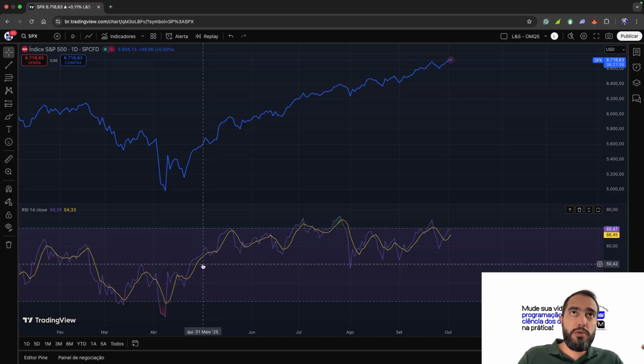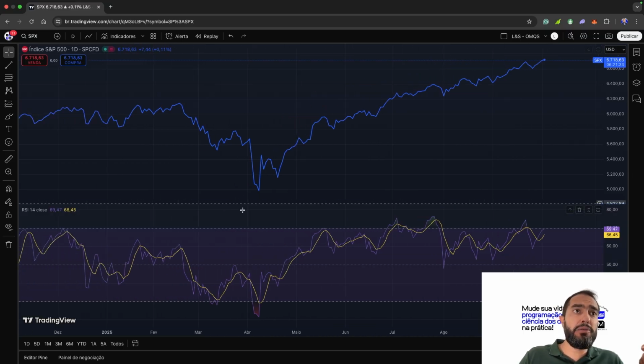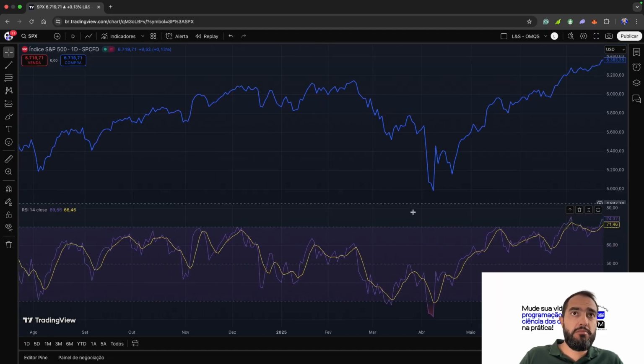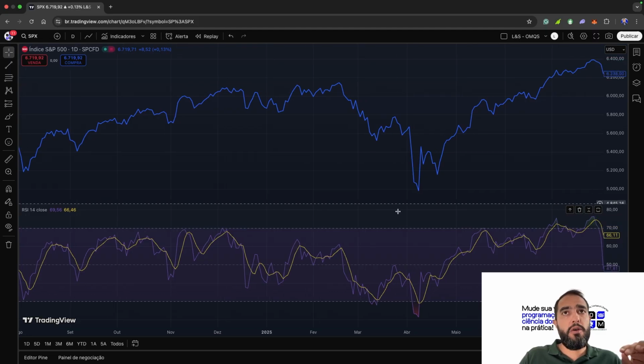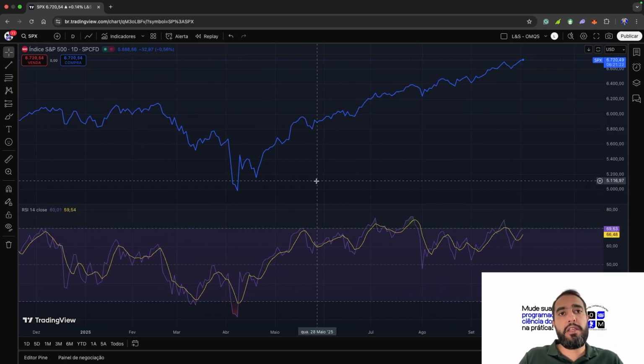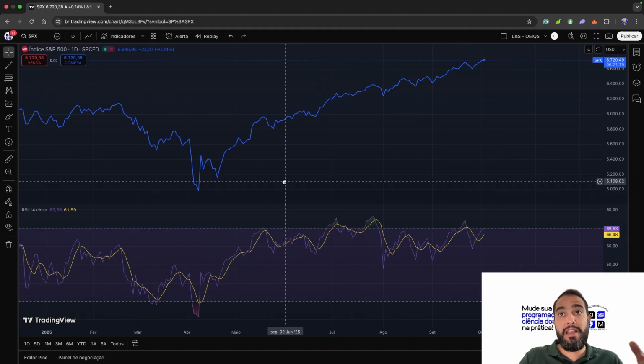If we take a look, there will be countless times on which we achieved the overbought and oversold zones, or we have divergences and nothing that was expected has happened.